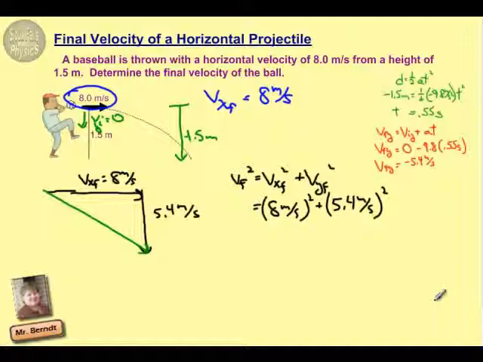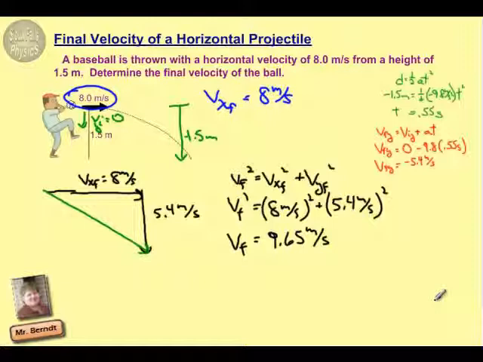Whether it's negative or positive doesn't matter, because the negative will square, we'll still get a positive answer. If we solve for this by squaring those, adding together, and then taking the square root, we're going to get an answer of 9.65 meters per second.